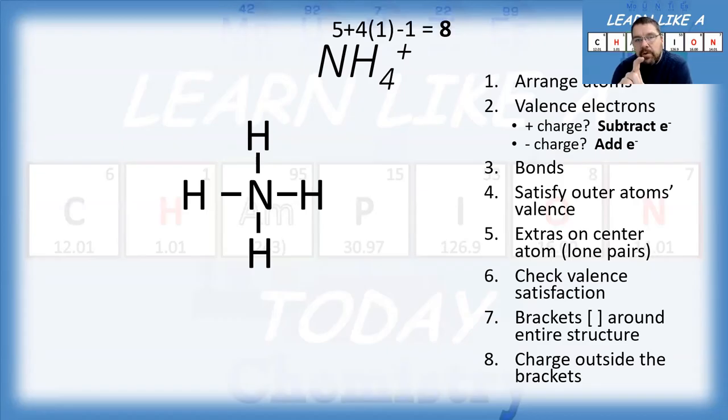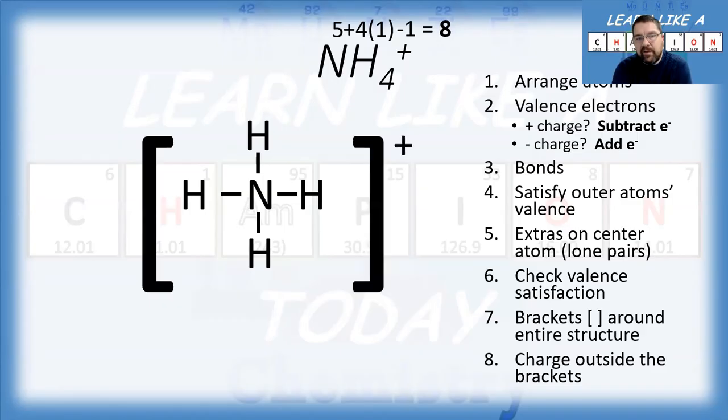But what we have to do is indicate that this positive charge applies to the entire particle, all 5 atoms covalently bonded together. And the way that we do that is by putting square brackets around the Lewis structure and then putting the charge outside of those brackets.